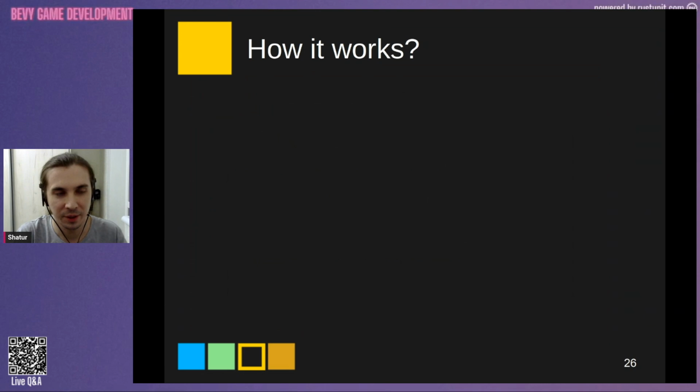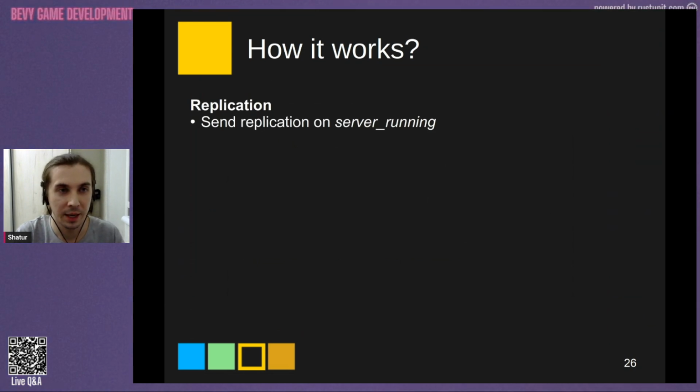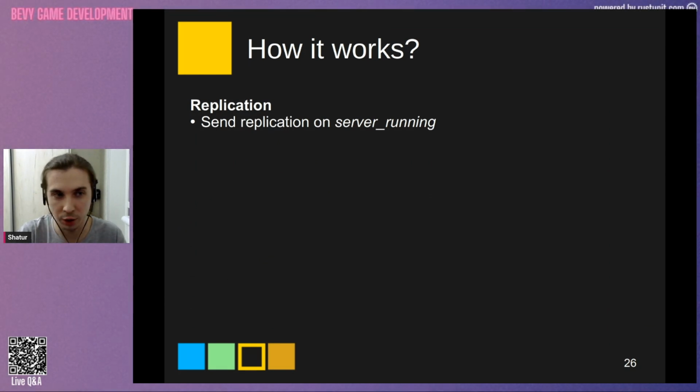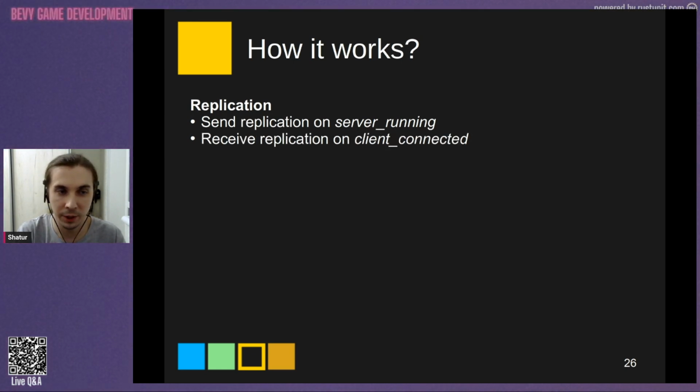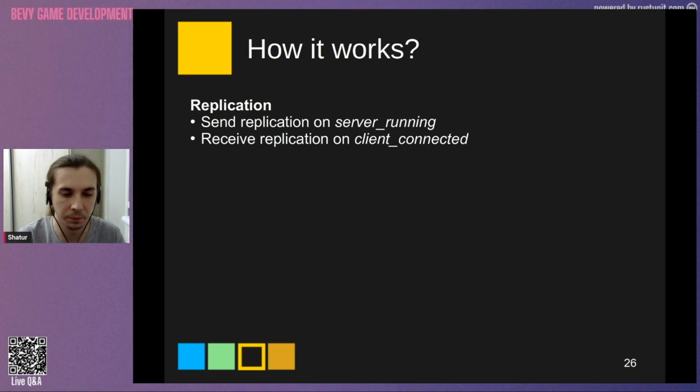Okay, so here's what we do. For replication, it's quite simple. We just run send replication on the server running condition. It's a special run condition we provide. And we receive replication only if the client is actually connected. We don't need to run receive replication when you are a listen server, because you already have all the data.